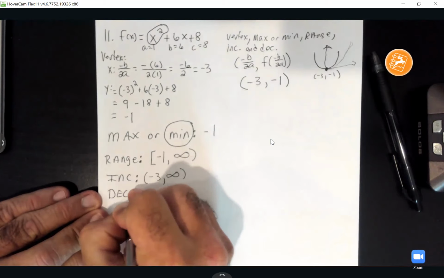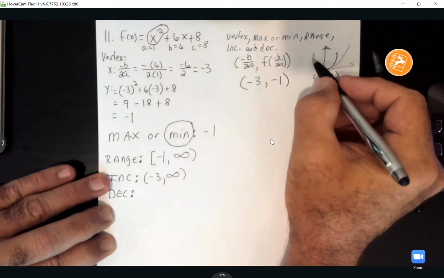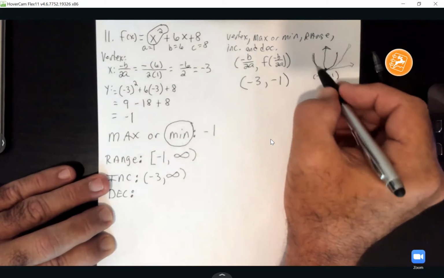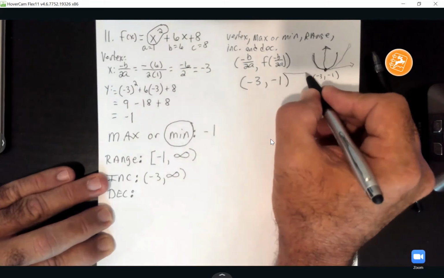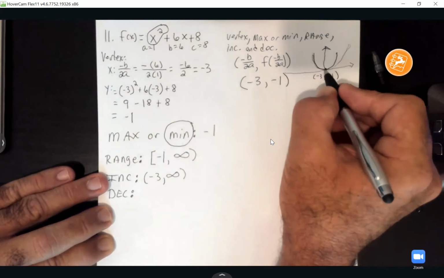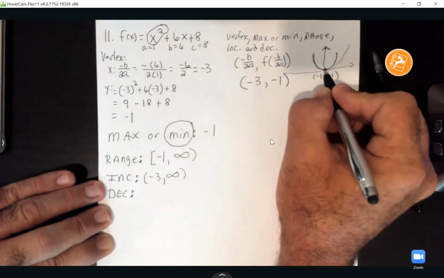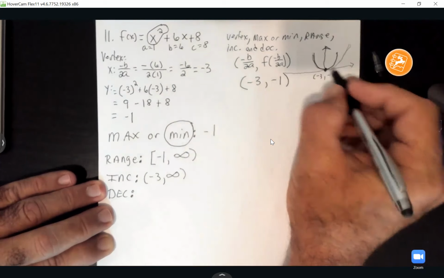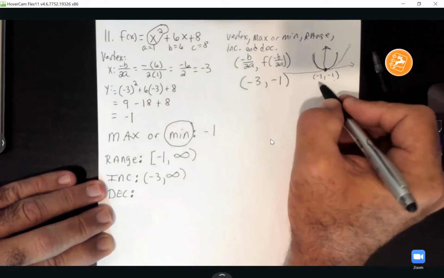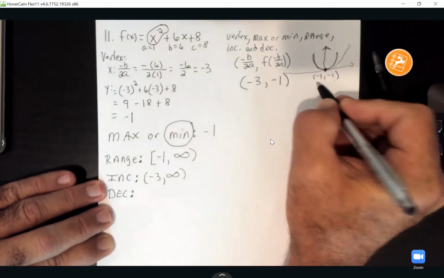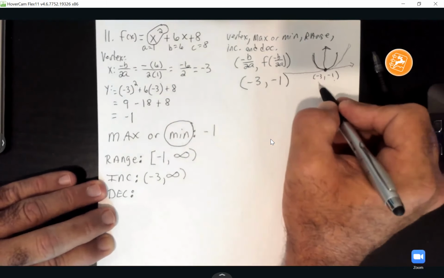Decreasing. Well, the left side of my graph is what's going downhill. So it's coming in from the left, and it decreases until I hit that x value of negative 3. Remember, on the range, you're focusing on the y values. On these intervals of increase and decrease, you're focusing on the x value.